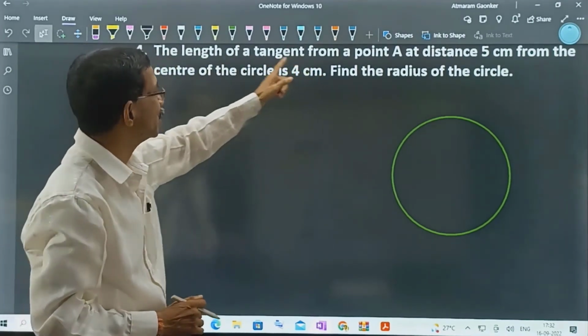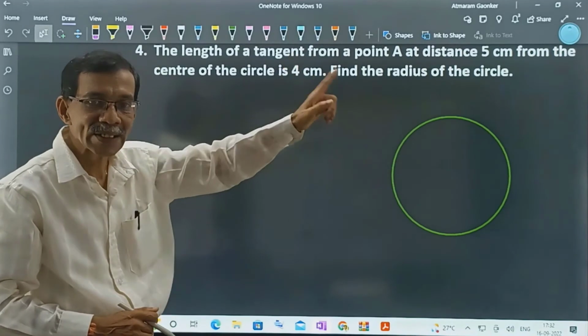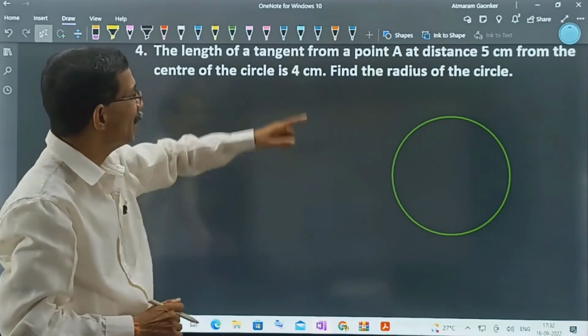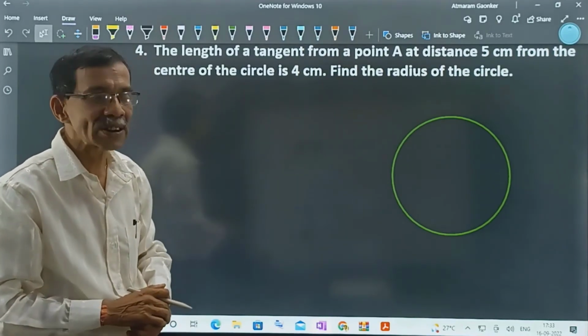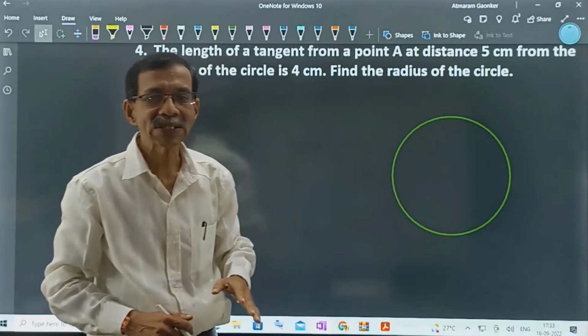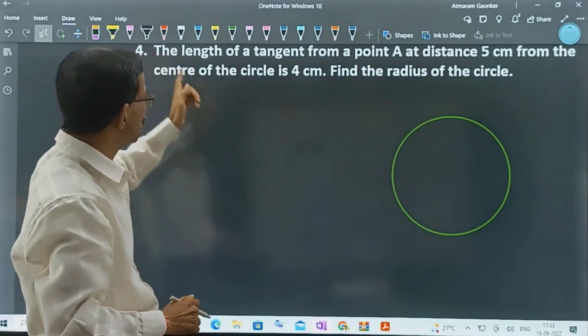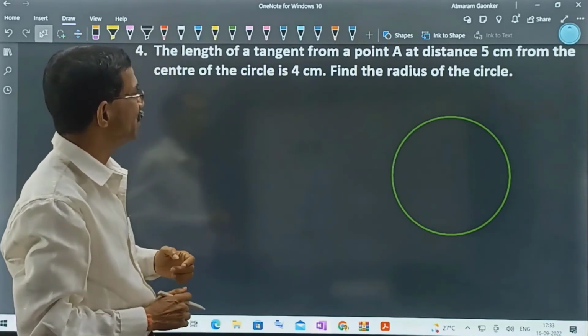So don't read the whole thing. That means the length of the tangent given is 4 cm, and this 5 cm is some other distance. Many students note down this 5 cm as the length of the tangent. No, you read it carefully. The length of tangent is 4 cm.